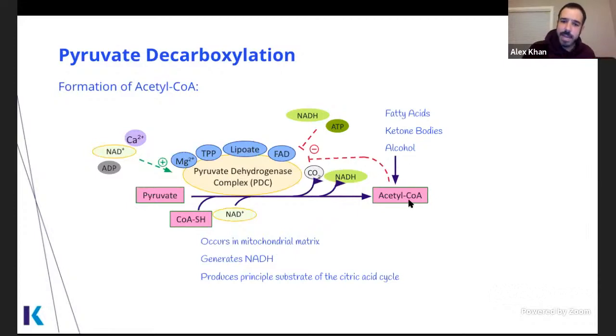So the negative feedback of acetyl-CoA on the PDC here is mainly utilized for when we have the production of acetyl-CoA through other sources, mainly fatty acid oxidation. It can happen though through the breakdown of ketones and alcohols, though those are not highly common situations.